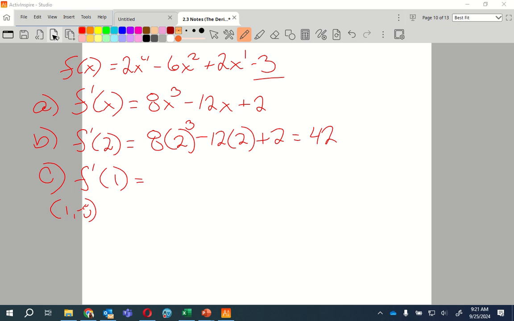So 8 times 1 cubed minus 12 times 1 plus 2. That's negative 4 plus 2, which is negative 2.